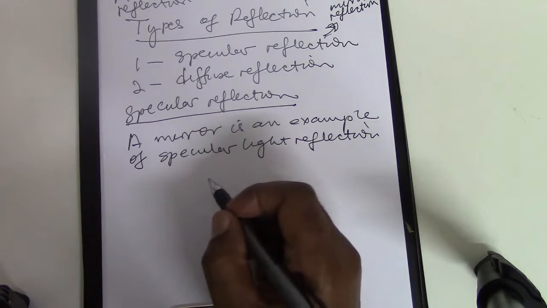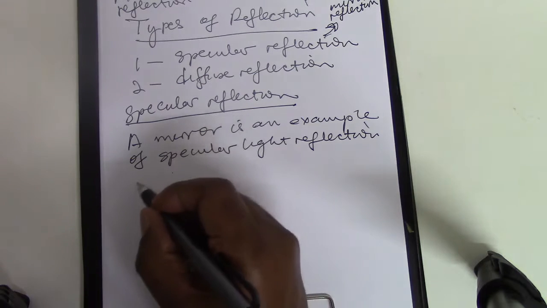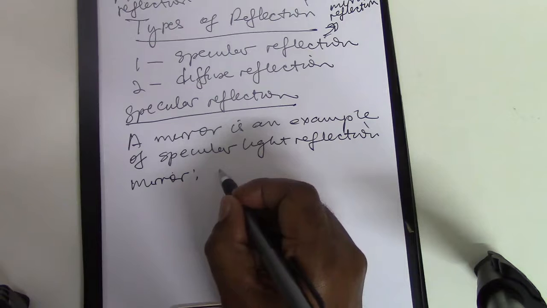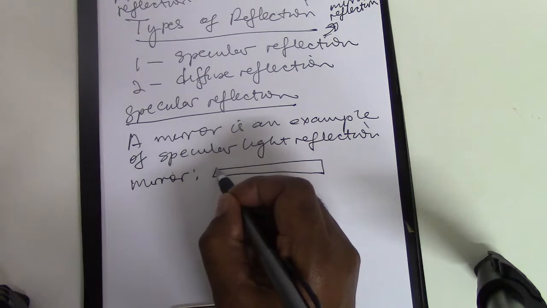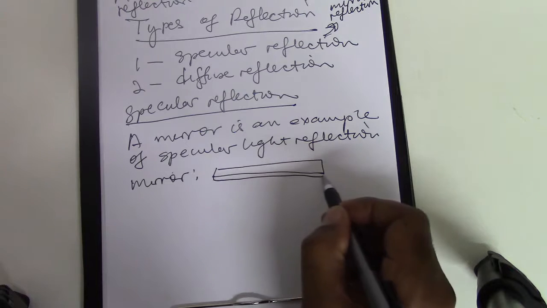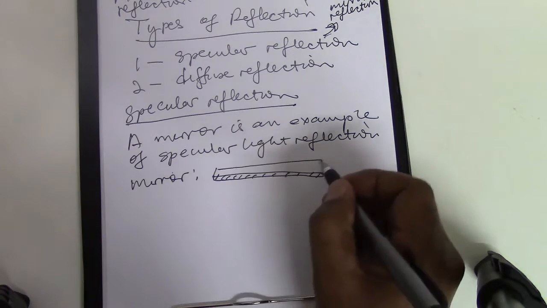Right. Now, how is the mirror made? The mirror itself is normally a glass sheet in front of a metallic coating. In other words, here they put a metallic coating. This will be a glass sheet.